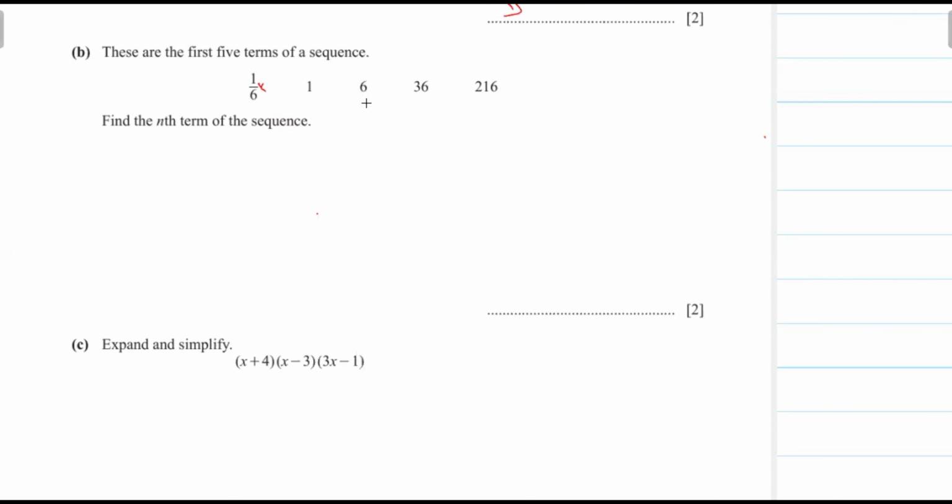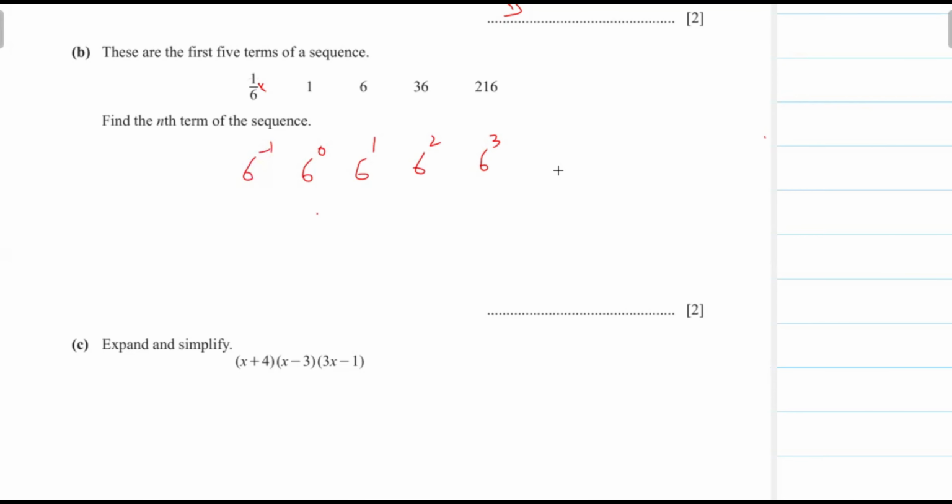We can write these terms in terms of 6 power. Starting from the last term, we can write 6 power 3, then 6 power 2, this is 6 power 1, this is 6 power 0, and 1 over 6 we can write as 6 power minus 1.